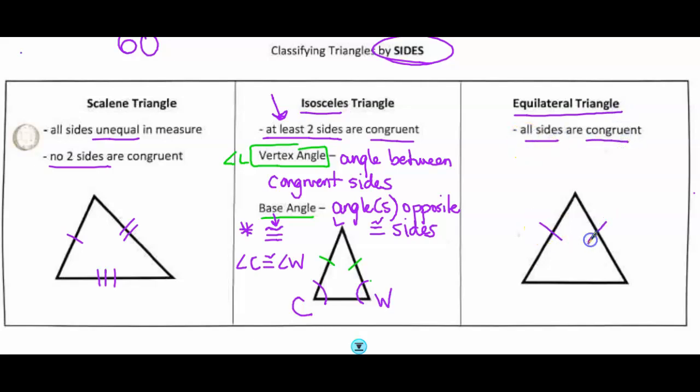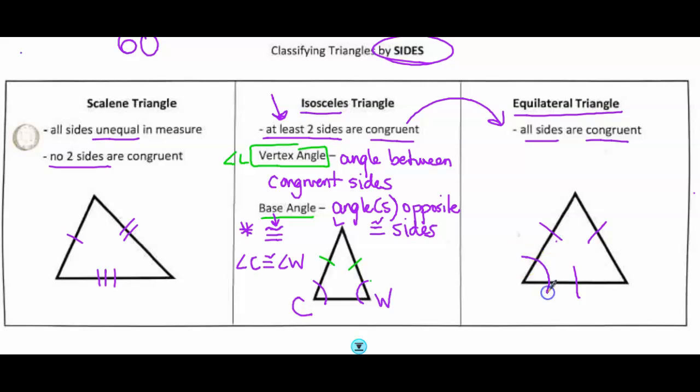So we can mark this up. Now here's where I want you to be careful, because isosceles says at least 2 sides are congruent, but an equilateral triangle could be considered isosceles because there's at least 2 congruent.